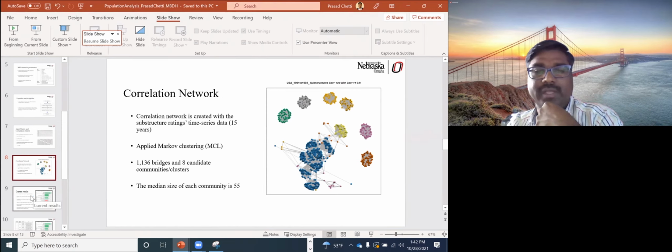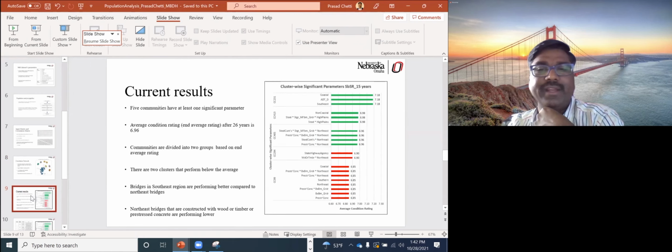After finding the significantly enriched parameters for the 8 communities, we found that out of 8 candidate clusters, only 5 have at least one significant parameter. We found different significantly enriched parameters for different candidate clusters.